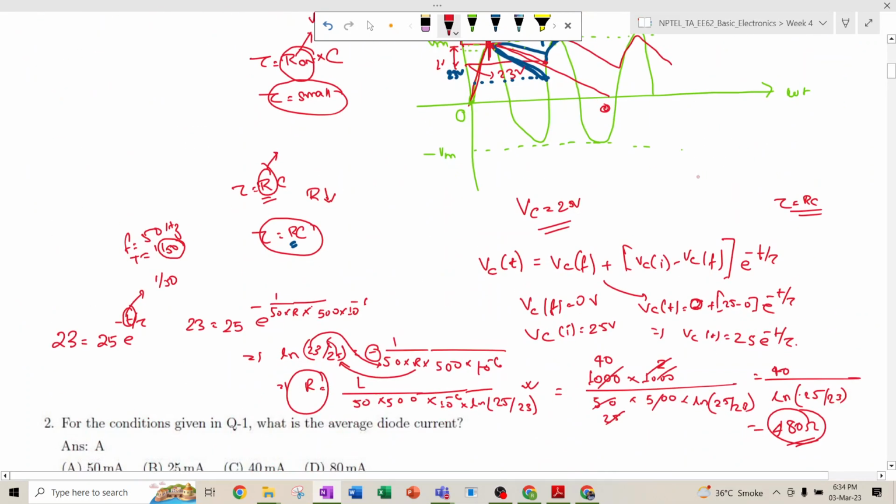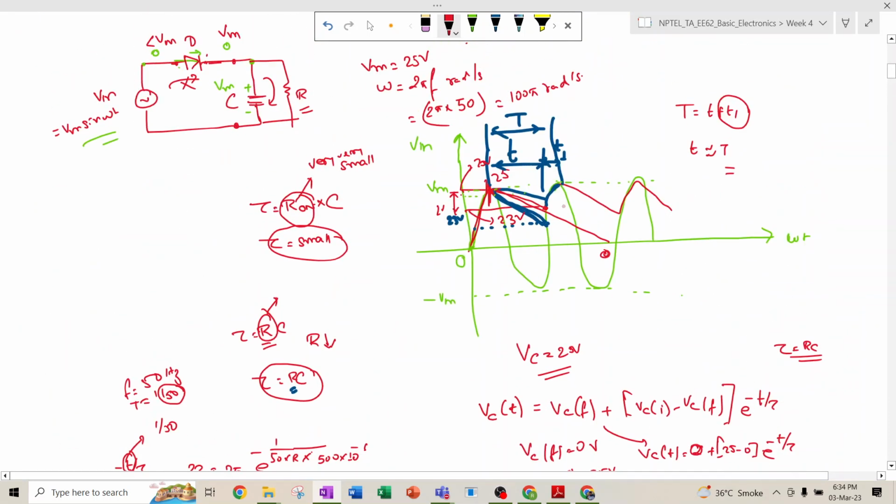Okay, so what is the physical interpretation of this? If we increase the resistance value, so the answer is 500 ohm, right? If this resistance is 1000 ohm, that means tau is much larger, and the ripple voltage would be 1 volt or something like that.